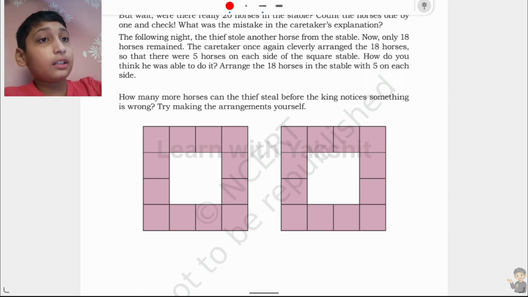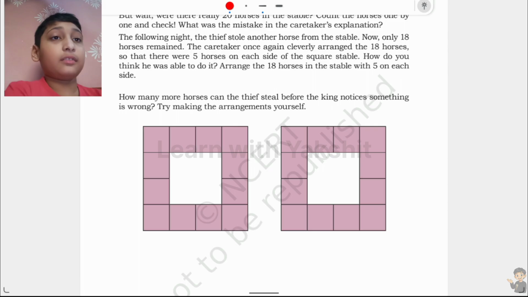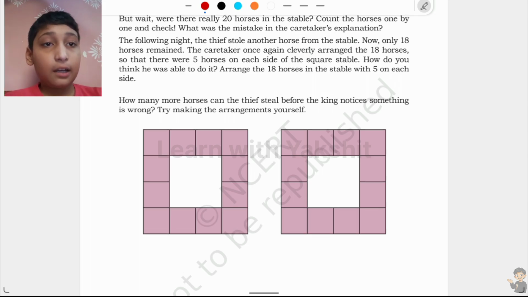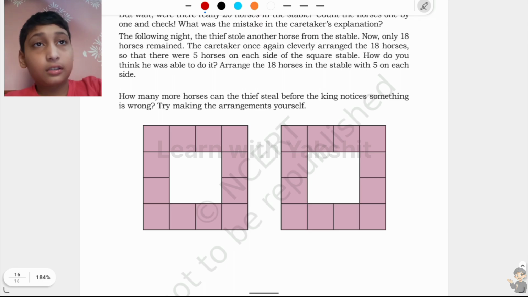Now, I'm going to do the 18 horses one first. Let's do it like this: a 2 here, a 2 here.